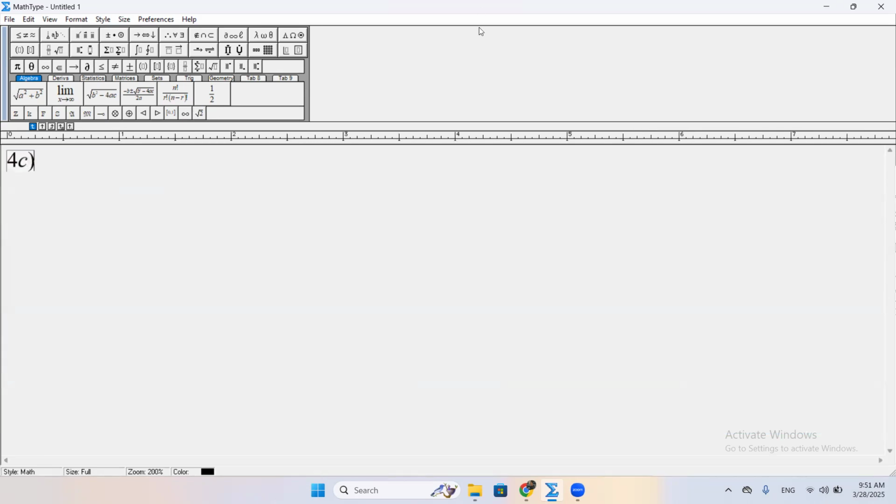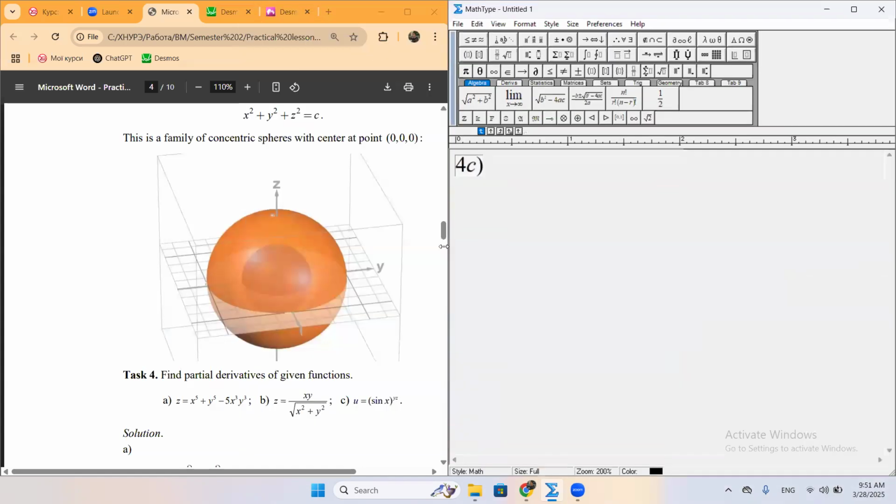For C, the following function of three variables, sine of x in power of yz. So let's differentiate du by dx.